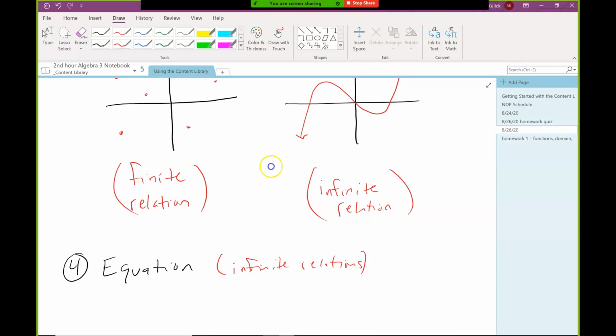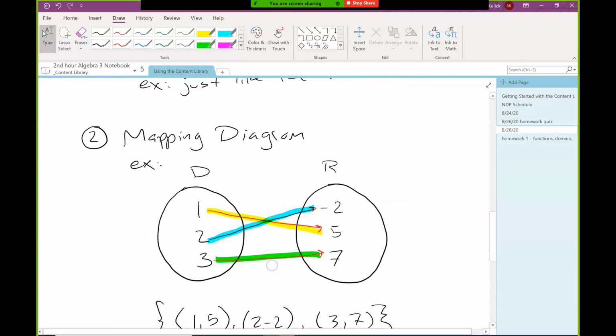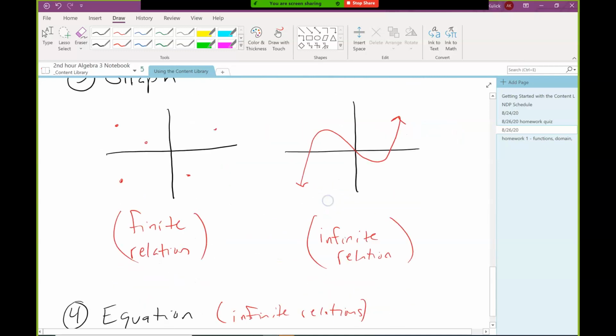And similarly, I guess we probably should have noted back here when we did the mapping diagrams, this is really for finite relations. Right? Because I can't list out the entire domain and range and draw arrows if there's infinitely many of them, right?